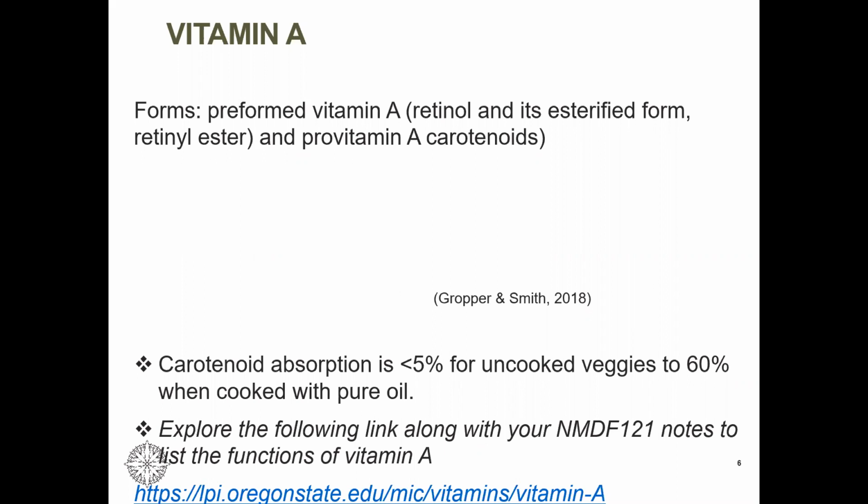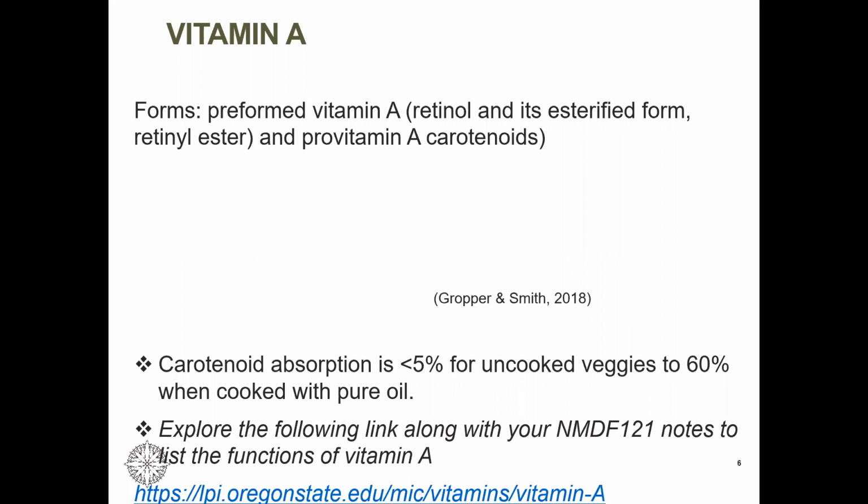So the food form will come in the liver and it will be joined to a fat and a protein molecule. Any important function, if anybody can recall? Function in a human body? It's important for eyesight. Yes, correct. Mary is also right in the chat box that it is important for eye health.